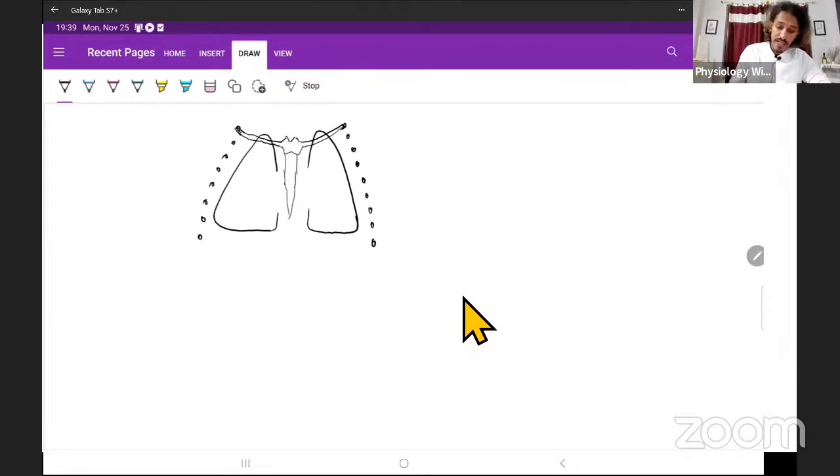Now the lungs are actually encased within a pleural cavity. There is a visceral pleura over here, which is covering your lungs on one side.